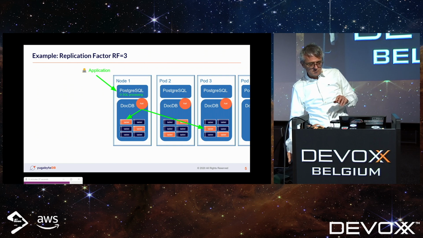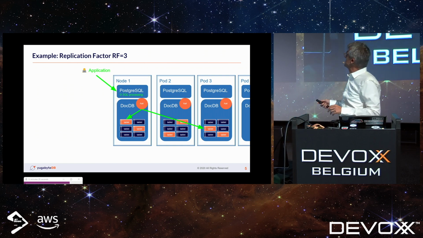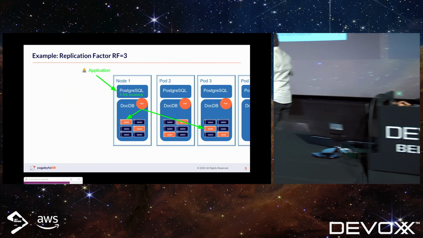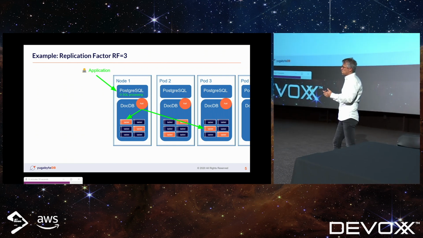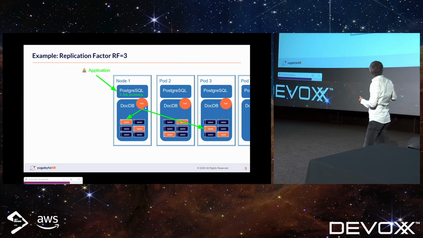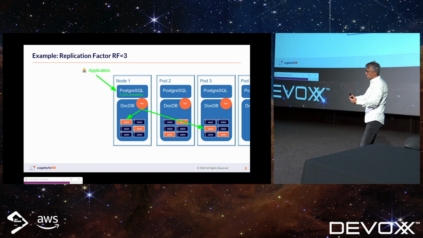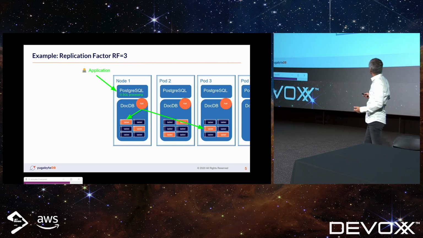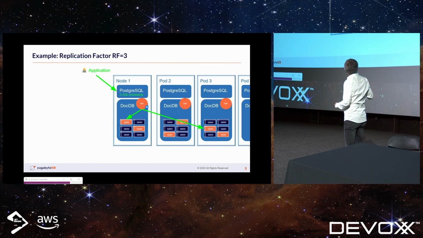So here, I have the application connected to node 1. It's the Postgres backend running my query and reading or writing data depending on the row or the hash value of the row or of the index columns. It reads and writes to tablet leaders that can be anywhere on the cluster.